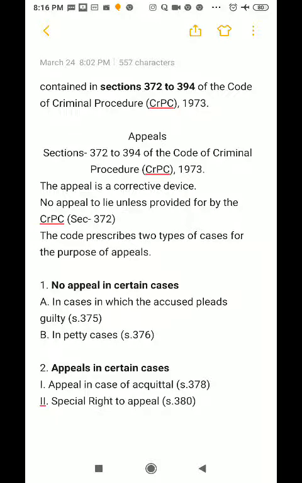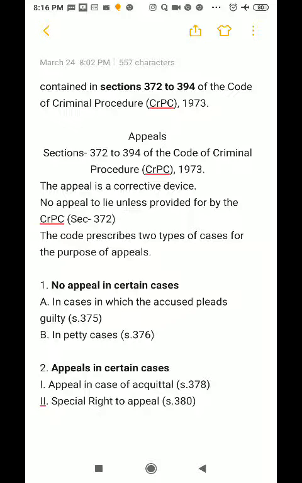It is also provided under the CRPC. The first one says that appeal in cases of acquittal. Suppose a person is being acquitted by the court.